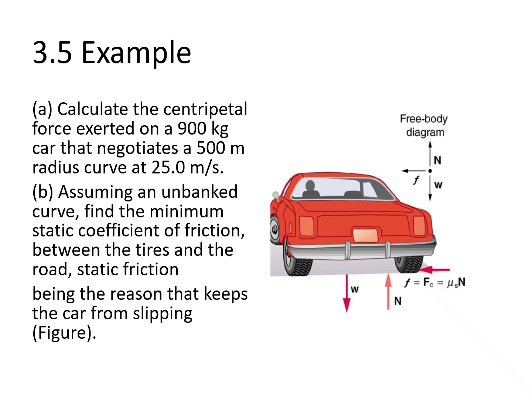Since we are given mass, speed, and radius, we can use the equation F sub c equals m times v squared over r to calculate the centripetal force. Part B asks for the minimum coefficient of static friction between the tires and the road, assuming the curve is unbanked.